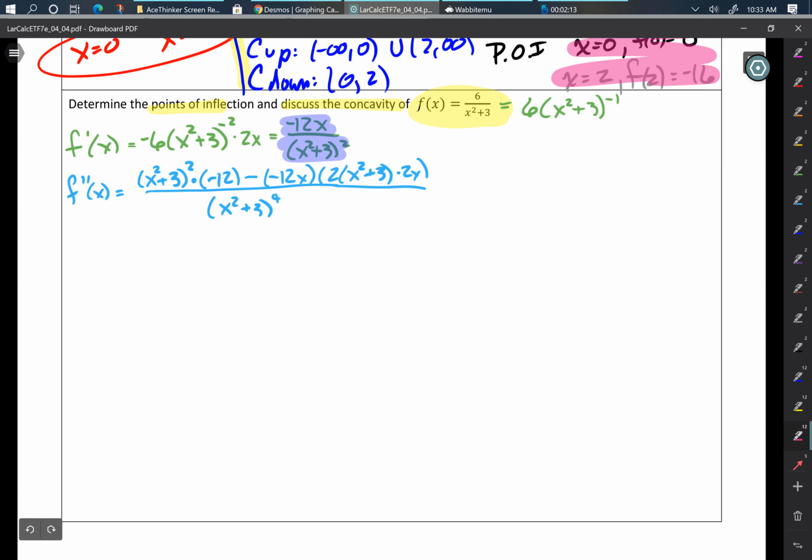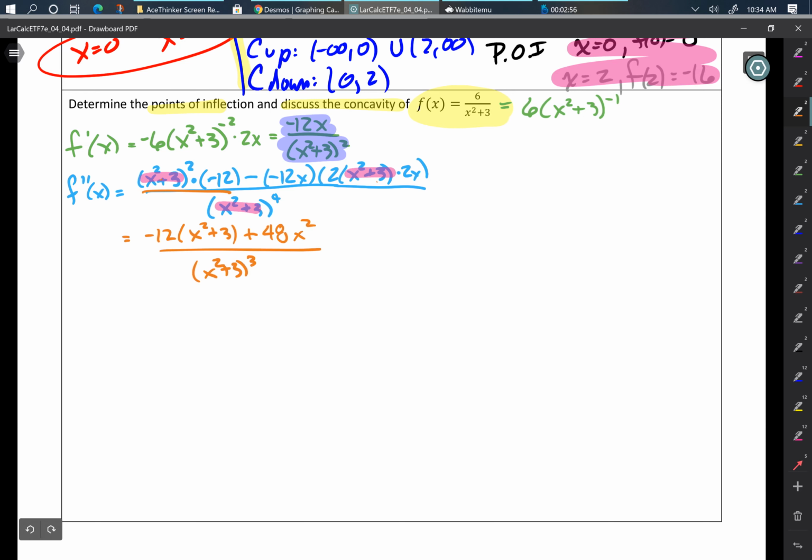Okay, I'm seeing a common factor of x squared plus 3 in all three terms, so I'll take that out and simplify. Oops, I don't want to use green. I use that for the first derivative. Let's use orange. So that's going to give me negative 12 times an x squared plus 3 left in this first term, plus, negative makes it a positive, so plus 12 times 2 times 2, so 12 times 4 is 48, and I got an x squared over x squared plus 3 to the third.